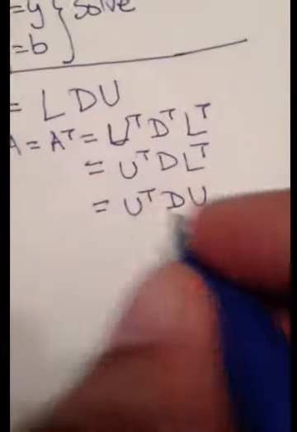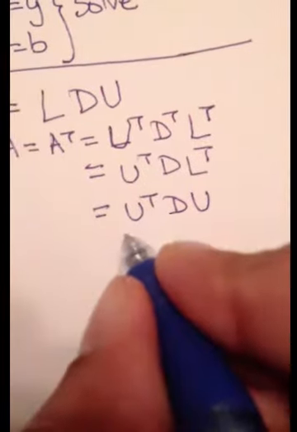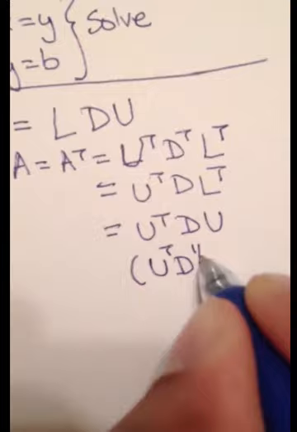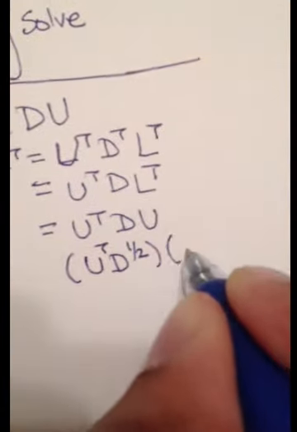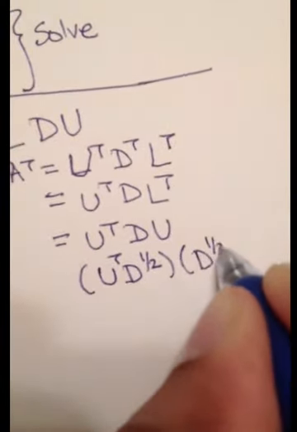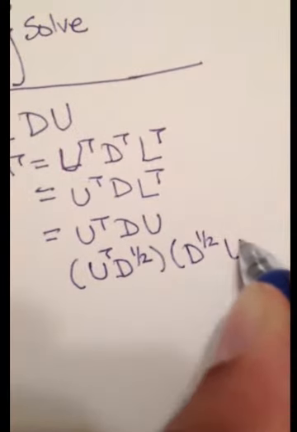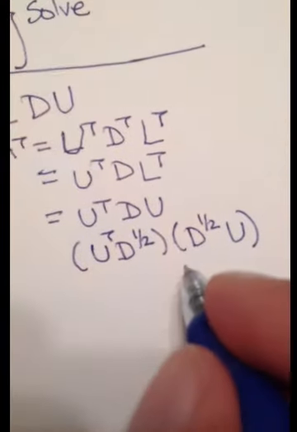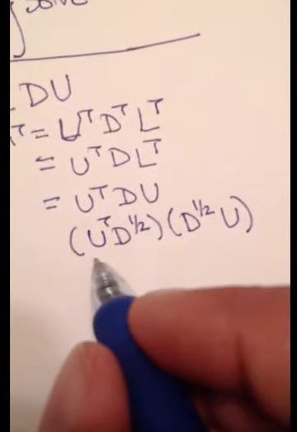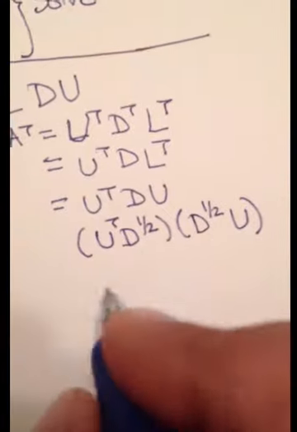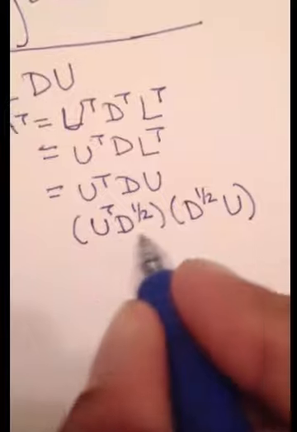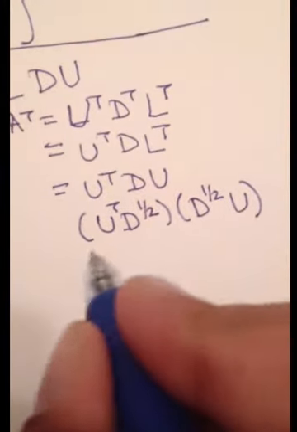And we can factor D into its square roots. The square root of D times the square root of D is just D. So we can rewrite this as U transpose square root of D times square root of D times U. As you can see, since D is a diagonal matrix, you can move the square root of D around.